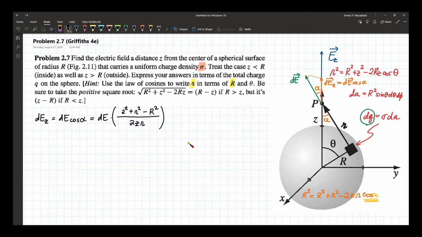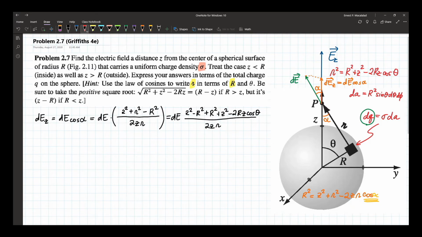But we know that script r squared is equal to this. So this is dE times z squared minus R squared plus R squared plus z squared minus 2Rz cosine theta, divided by 2z script r.